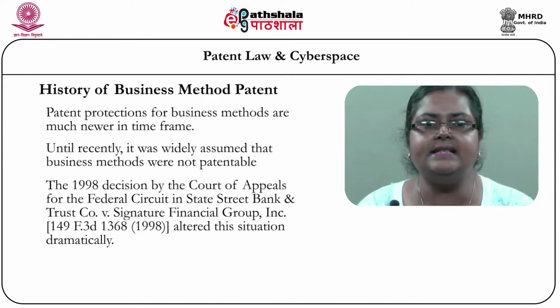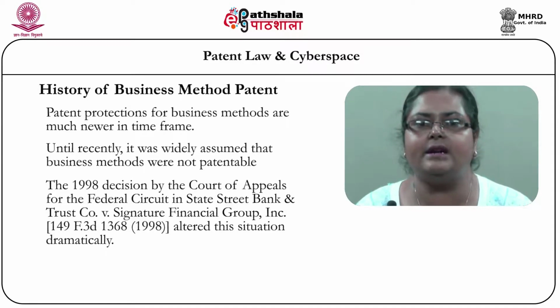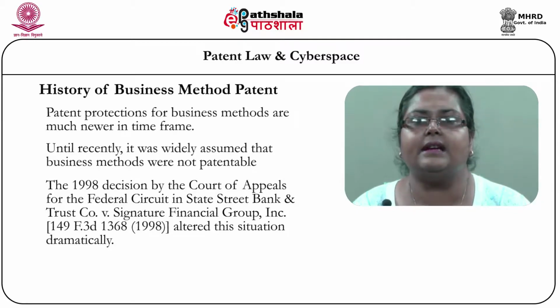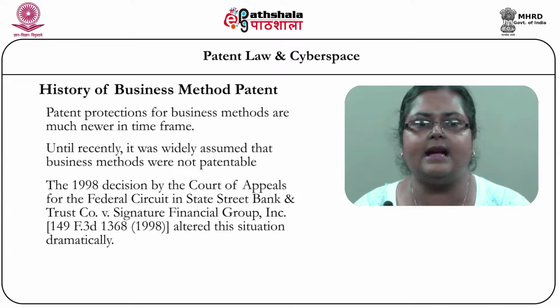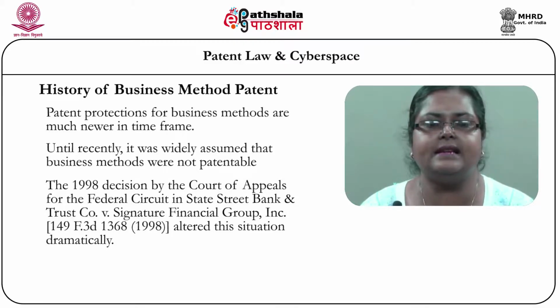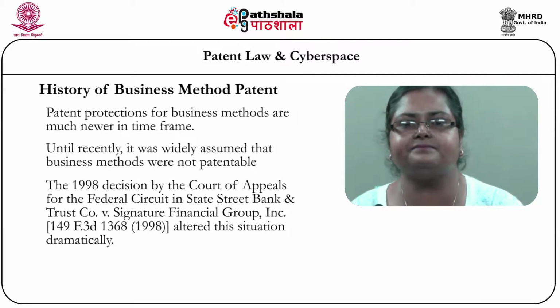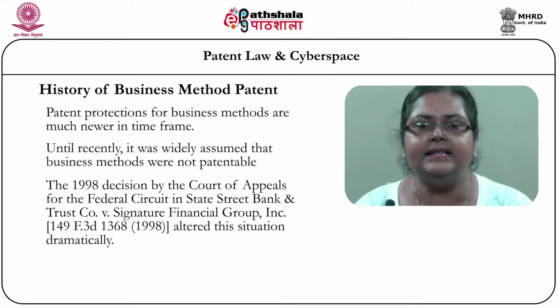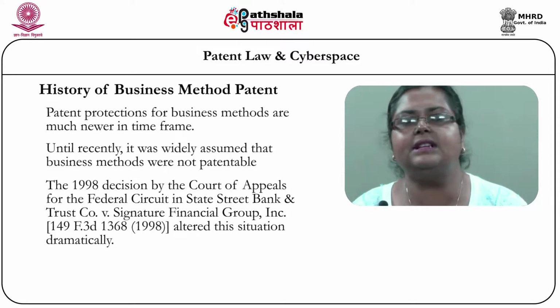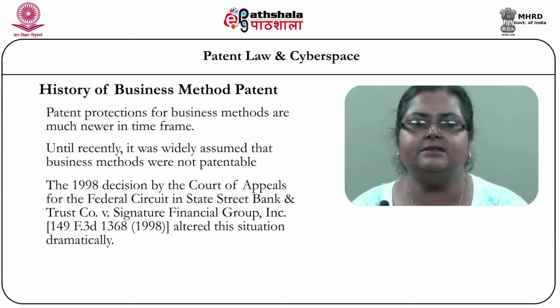In the year 1998, there was a decision from the Court of Appeals of the Federal Circuit in the case of State Street Bank and Trust Company versus Signature Financial Corporation. This case altered the situation dramatically.